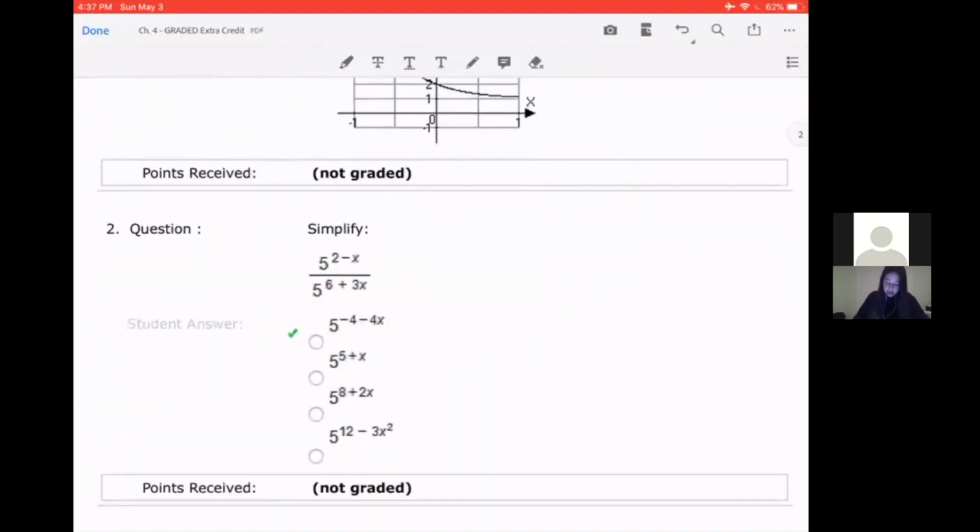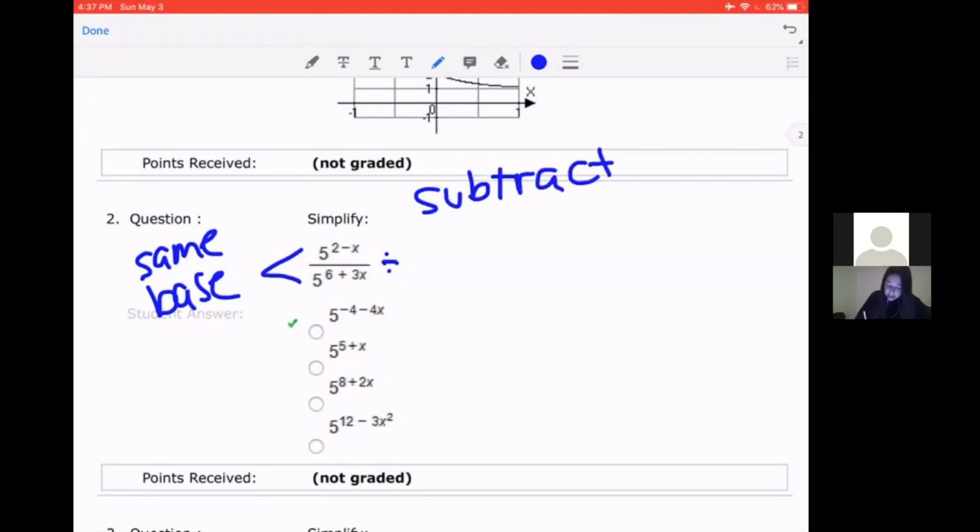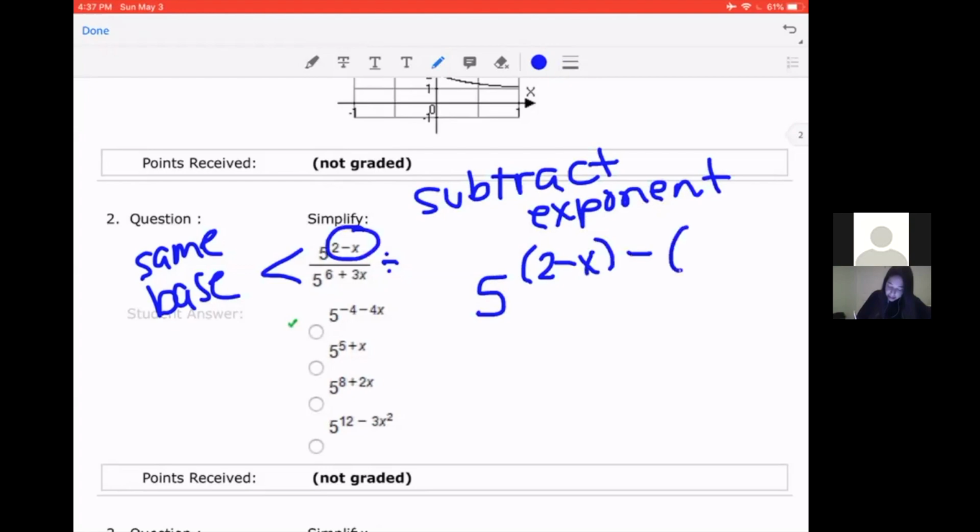For number 2, as far as simplifying, since these have the same base and we have division going on, then you want to subtract the exponents. Okay, guys? So keep your base of 5, but then you're going to have 2 minus x minus 6 plus 3x.